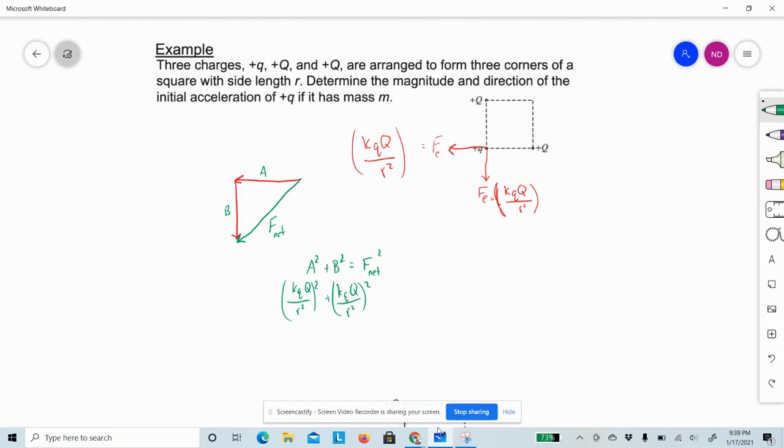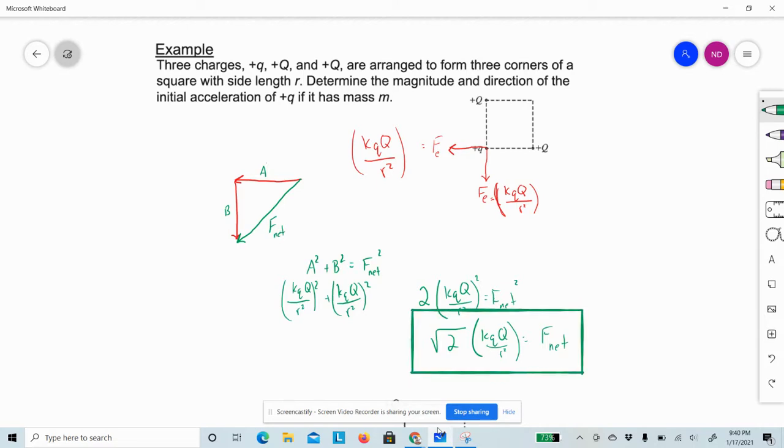They're the same thing, so we're going to get 2 K, Q, Q over R squared equals F net squared. Take the square root of both sides. The square root of 2 times K, Q, Q divided by R squared equals F net.